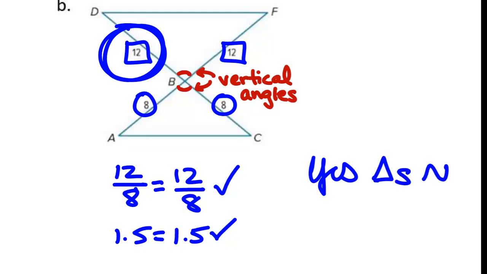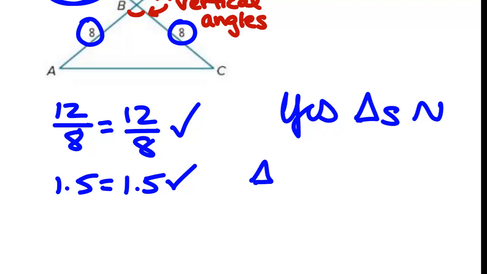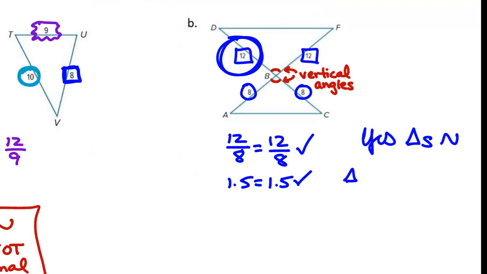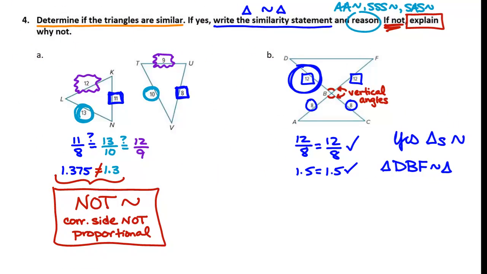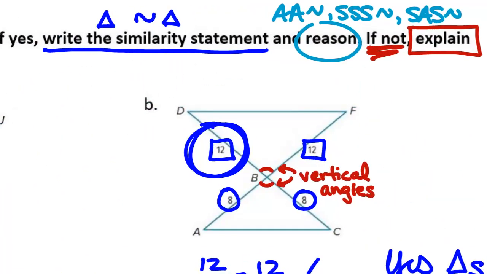Now we need to write our similarity statement. First triangle doesn't matter how we name it, so let's call that DBF. Similar to triangle. Because these two sides are the same, that means these base angles would be congruent to each other.